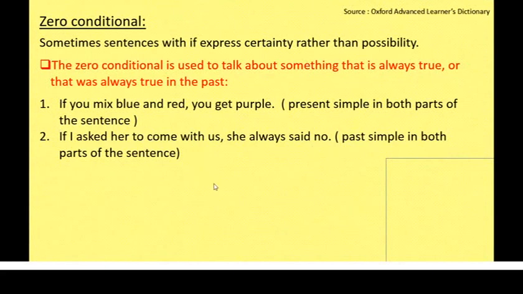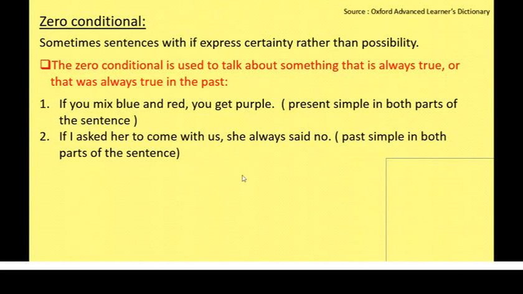This slide is about zero conditional. Sometimes sentences with if express certainty rather than possibility. Zero conditional is used to talk about something that is always true or that was always true in the past.